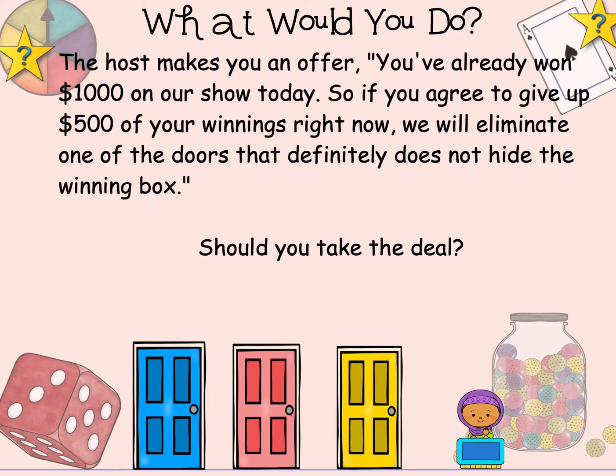Now, remember that blue door? We said, what if that blue door definitely did not have a winning box behind it? Because remember, your chances of just randomly getting the box was 1 out of 6, no matter which door you chose. But now, if you've eliminated it, there's red 1, red 2, and yellow 1 and yellow 2.